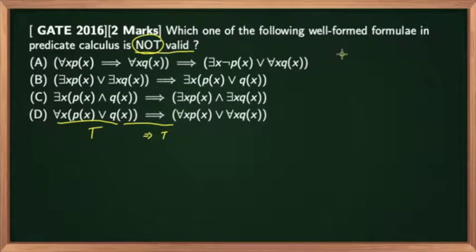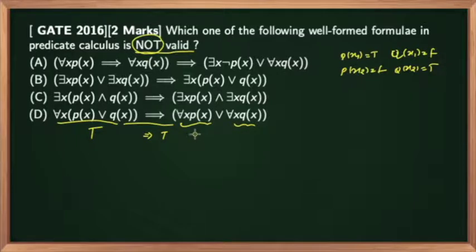For example, I can have p of x1 is equal to true and q of x1 is equal to false, and p of x2 is equal to false, and q of x2 is equal to true, right? Now I can have for all x p of x, that will be false, and for all x q of x, that also will be false.